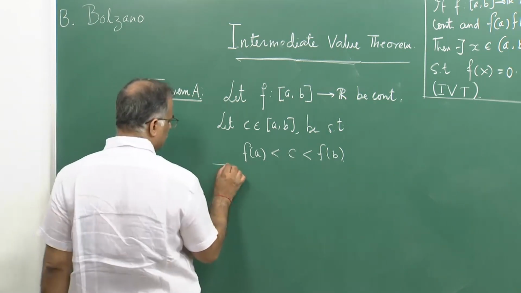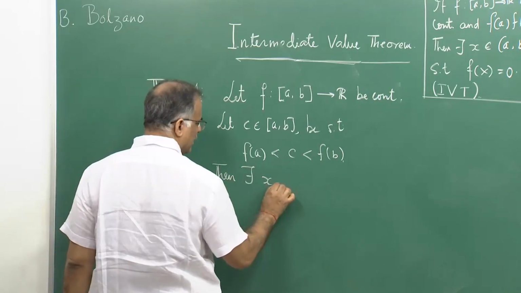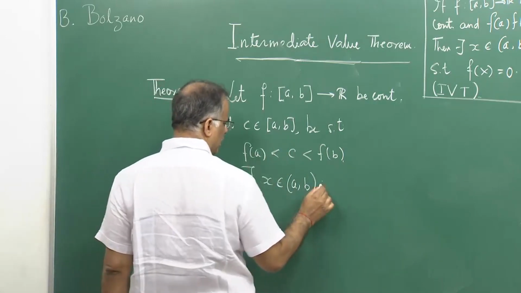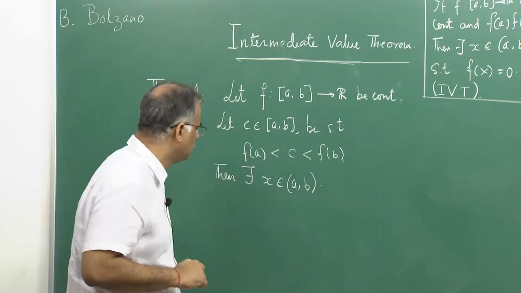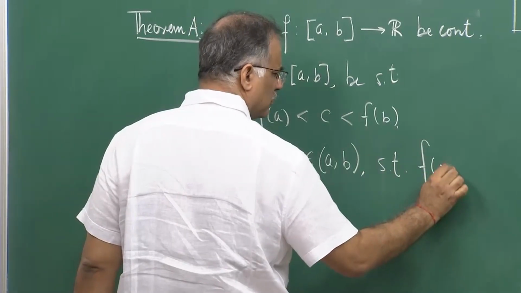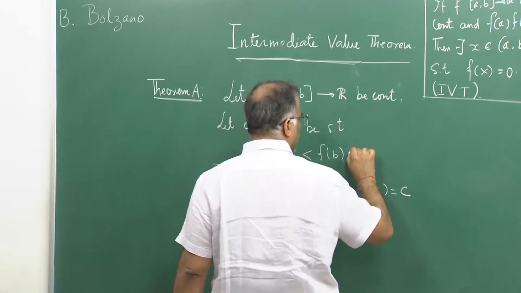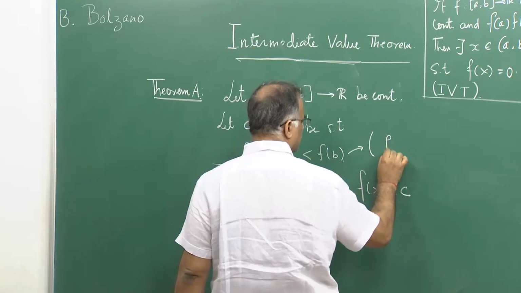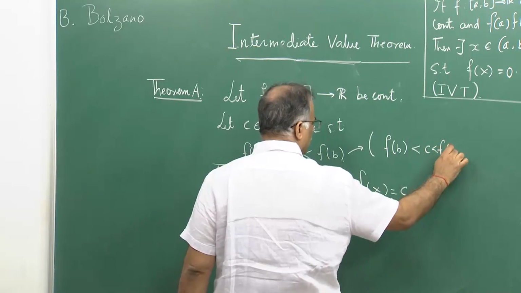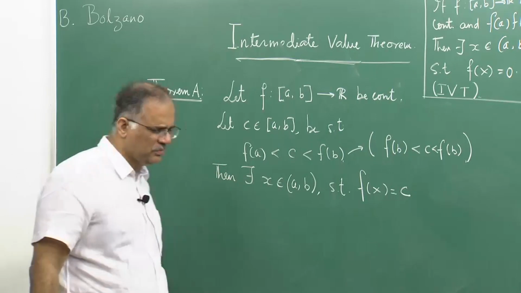Then there would exist x in (a,b) such that f(x) is equal to c. I want to tell you that this condition can also be written in the other form, but just for the sake of showing how the result applies, we will just consider this form.